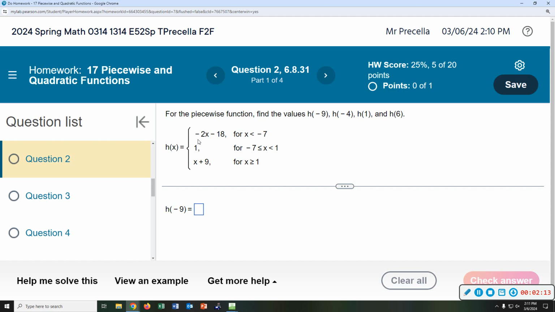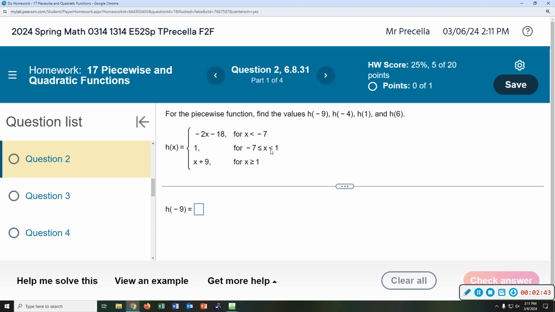We'll use the piece negative 2x minus 18 for x values that are less than negative 7. We'll use the y value of 1 for x values between negative 7 and positive 1.